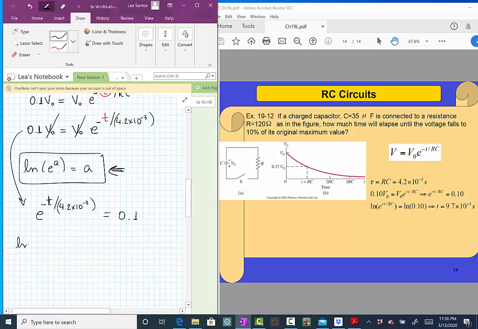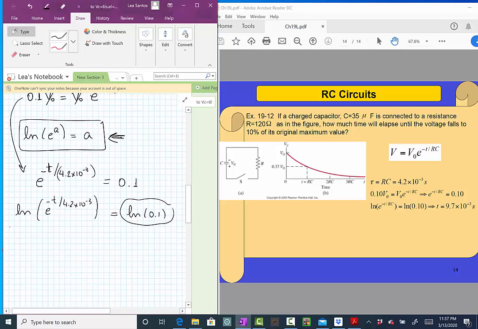So ln of this whole thing, exponential of minus t over 4.2 times 10 to the minus 3, and on the right ln of 0.1. So this is a number that you can get from your calculator. On the left, ln of the exponential just gives what we have on top. So minus t divided by 4.2 times 10 to the minus 3 equals ln of 0.1.